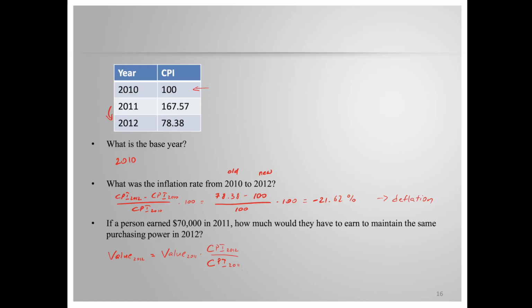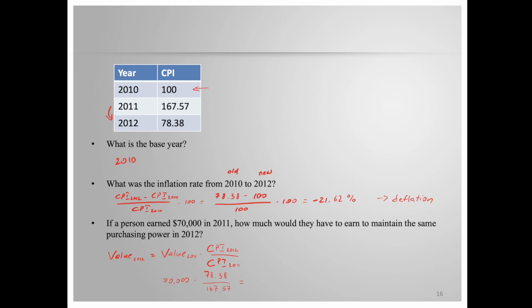So my value in 2011 is $70,000. And I need to multiply it by CPI in 2012, which is 78.38, and divide it by CPI in 2011, which is 167.57.